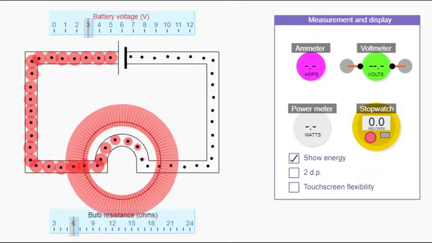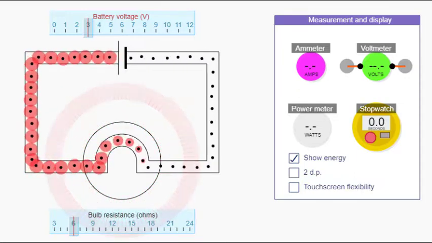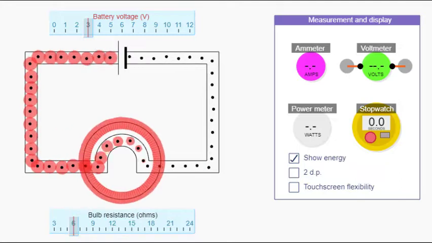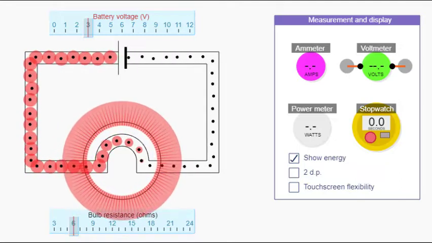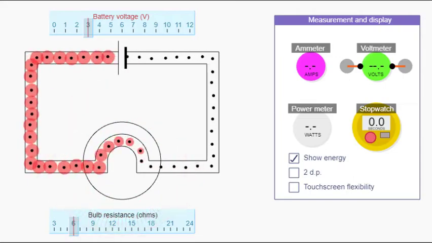The power depends on both the current through the bulb and the potential difference across it. In fact, the power in watts is just the current in amperes times the potential difference in volts.